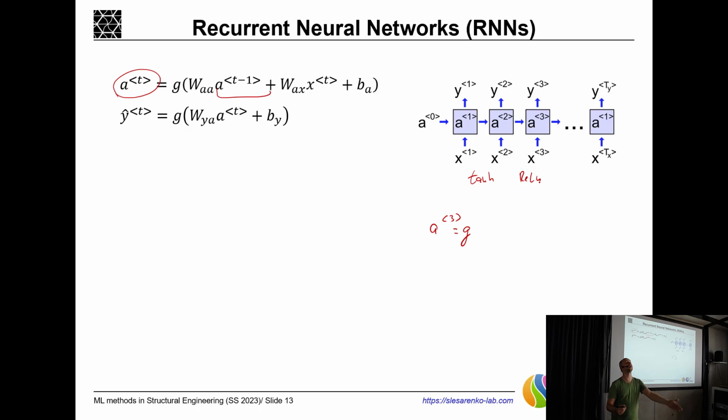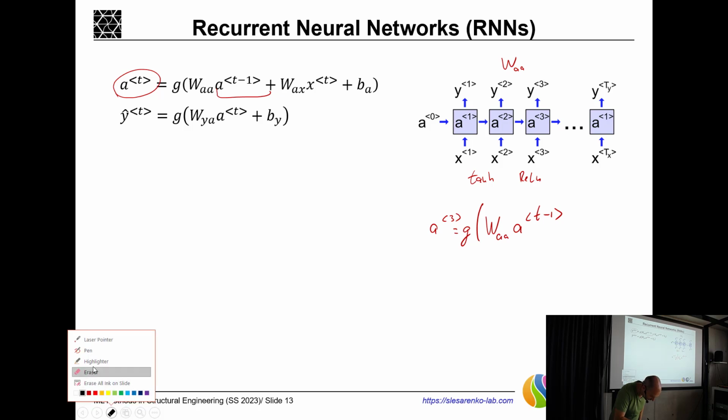So again, we have a nonlinearity, and you remember that there is nothing fancy happening. Then we have some weight matrix, because each of these layers has a matrix that gets multiplied by the previous input.